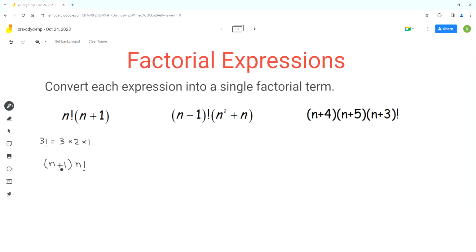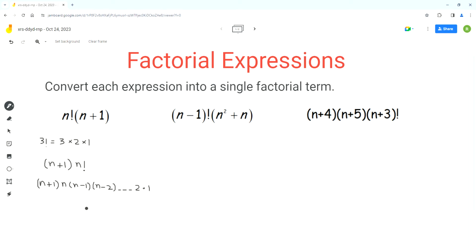Now n plus 1 is 1 more than n, and if I expand n factorial, n plus 1 stays the same times n minus 1 times n minus 2 and then all the way to 2 times 1.